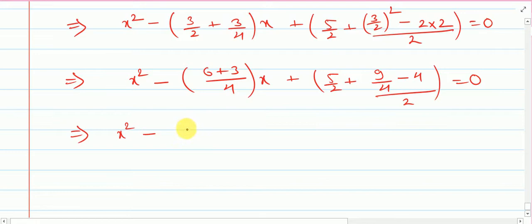So here you get 9x upon 4, and here firstly solve the numerator. So LCM will be 4, so you are getting 5 by 2 plus 9 minus 16, and that 4 will come down.